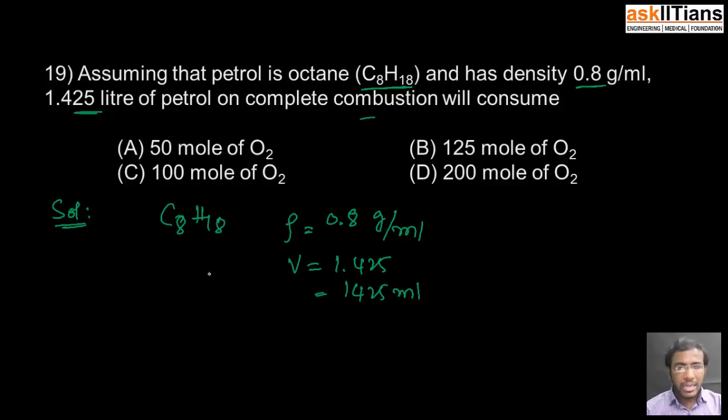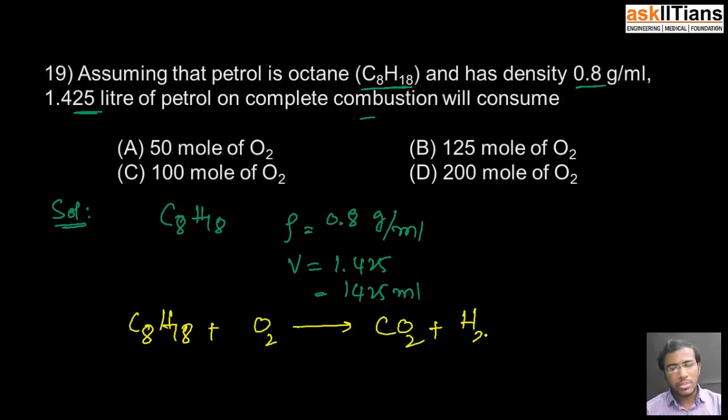Let's write the balanced equation, and from the balanced equation you can calculate the oxygen volume. C8H18 plus O2 gives CO2 plus H2O. First balance carbon, 8 carbons, so it should be 8. Next hydrogens, it is 18, so it should be 9. The total oxygen is 16 plus 9, which is 25, so it should be 25 by 2.